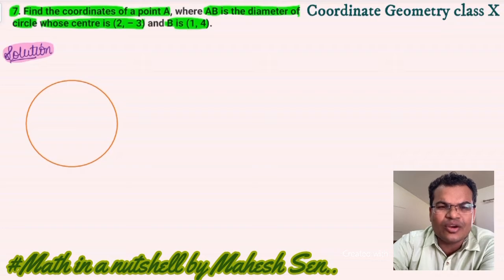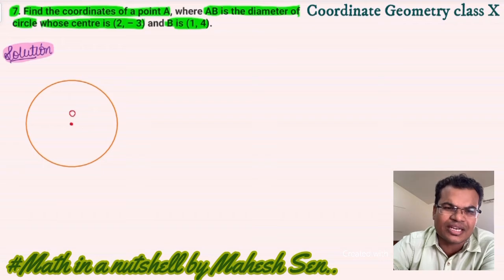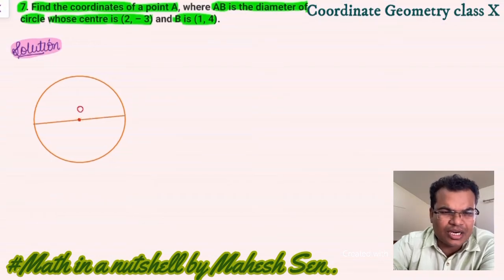So basically we have the center of the circle as 2 comma minus 3 and diameter AB, we can take it as 1 comma 4 and x comma 0. The center is O, diameter drawn, AB is the diameter. I can put here the point A we are finding, B coordinates are given 1 comma 4, and let me write the coordinate of the center O also, that is 2 comma minus 3.